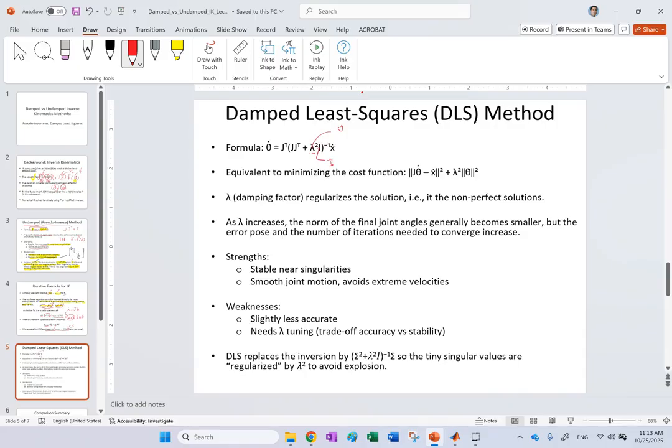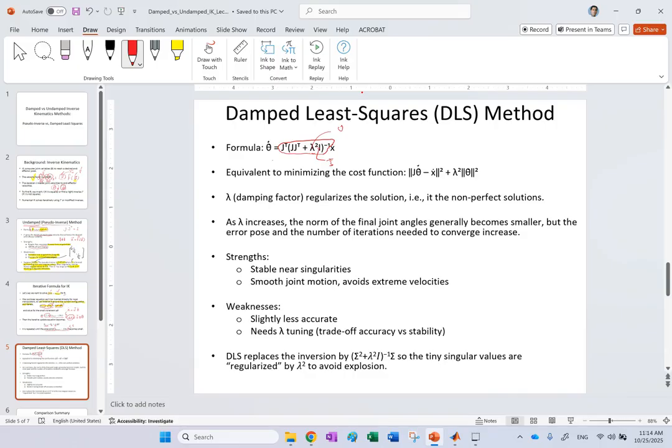So you're adding some small multiplier of the identity matrix to this JJ transpose, then inverted and multiplied by J. The good thing is, once you do that, this matrix will never have 0 eigenvalues or infinite eigenvalues, and it will always have some results.